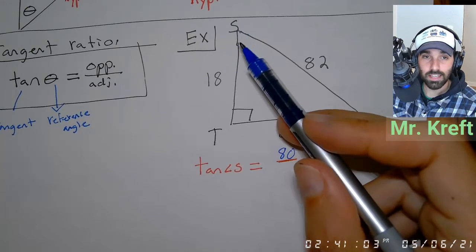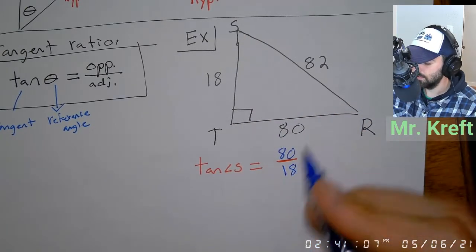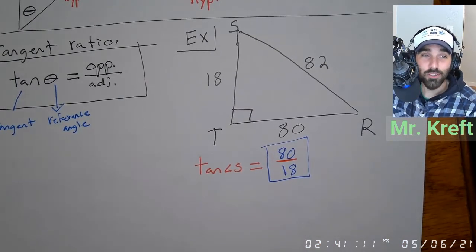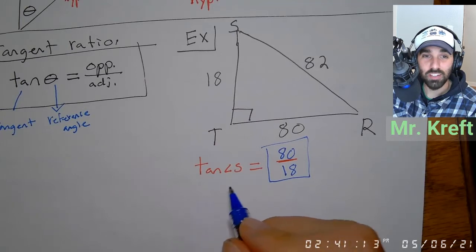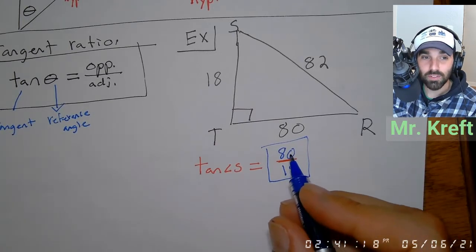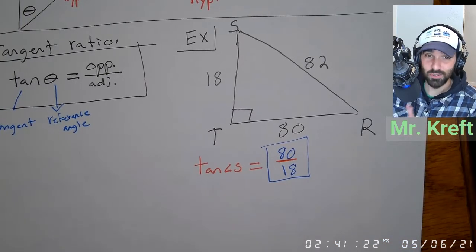And the side adjacent to angle S is 18. Okay, so that is how you write the ratio of tangent of S. So tangent of angle S would be opposite over adjacent. For right now, that's the answer.